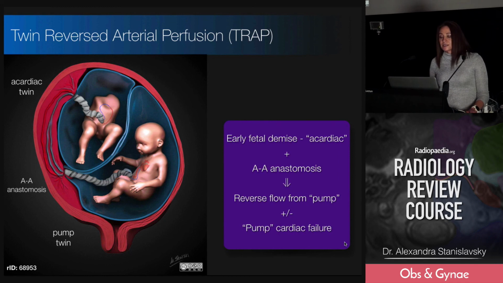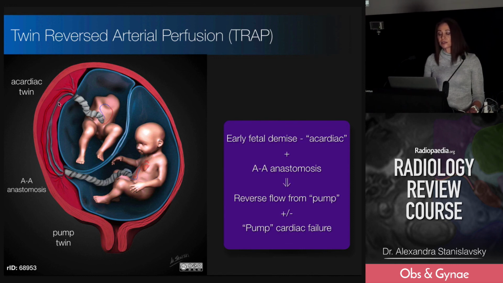A different situation altogether, but also with an abnormal vascular anastomosis. The prerequisite for twin reversed arterial perfusion is the presence of early fetal demise in one monochorionic twin, plus the presence of artery-to-artery anastomoses between the two twins. So what happens is that the arteries that flow away from the well-growing twin will connect to the arteries of the acardiac twin, so one that doesn't have a functional heart.